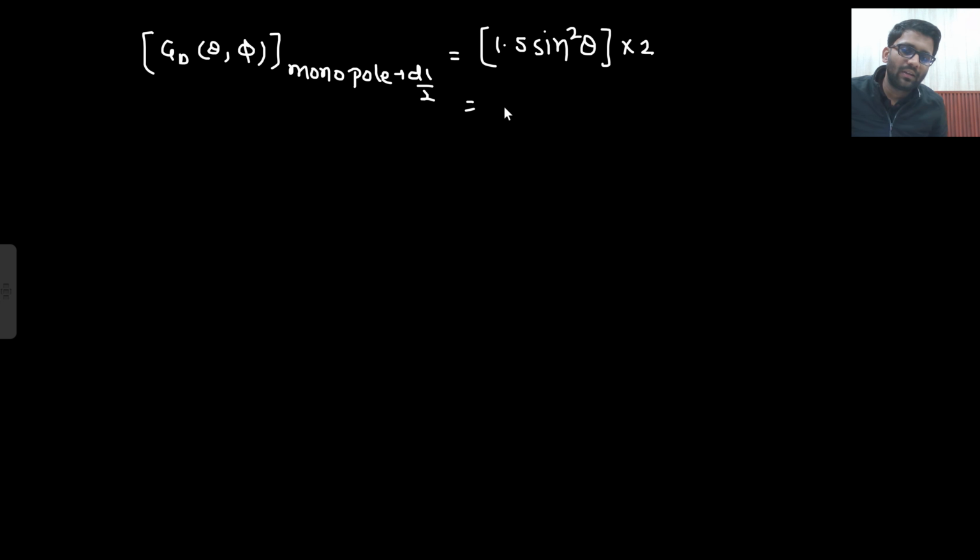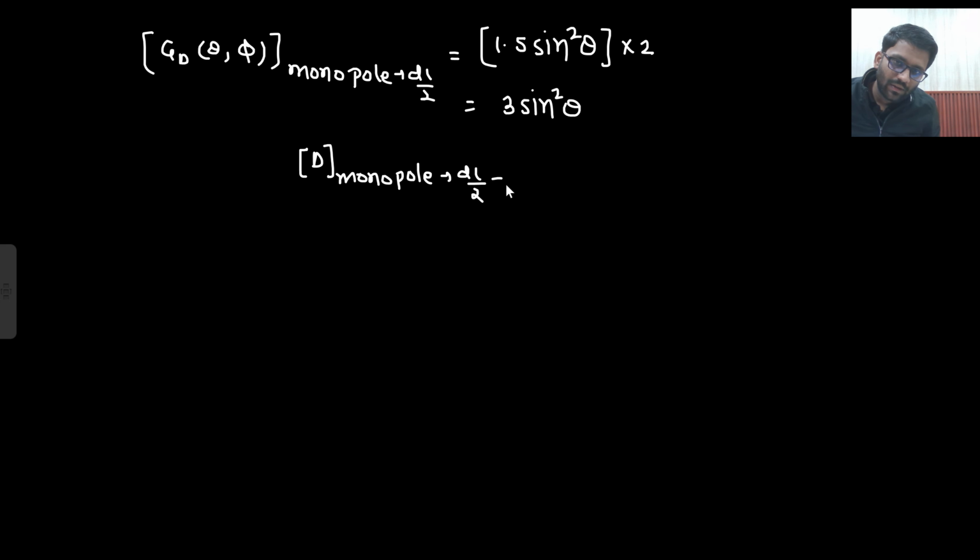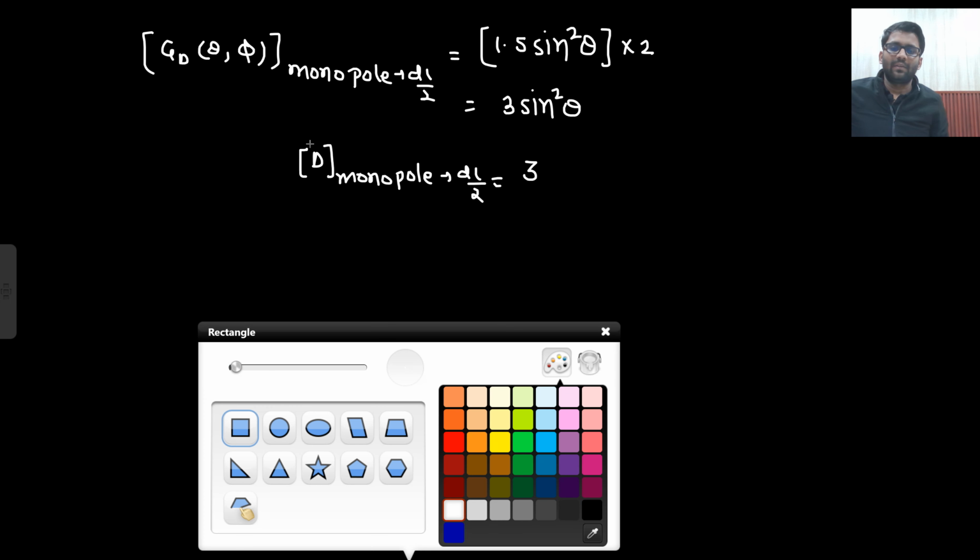So what would that be? 3 sin square theta. So if you find out the directivity, then you need to take the maximum value. Directivity of monopole dl by 2 would be 3. Okay.